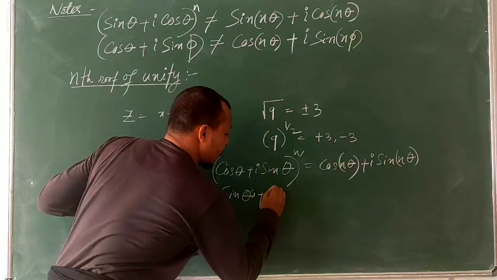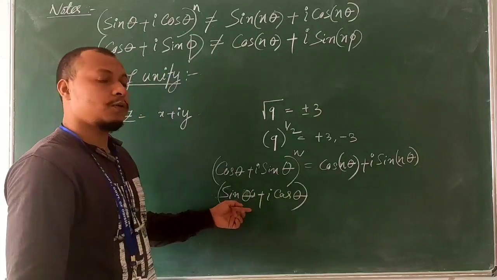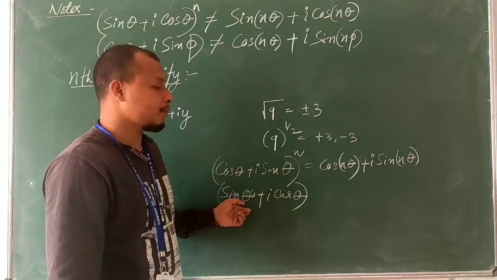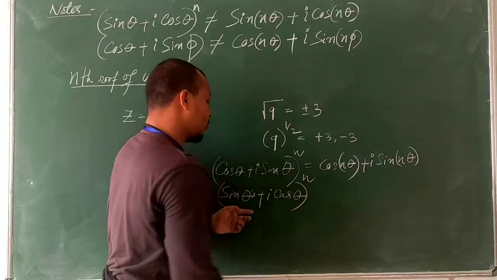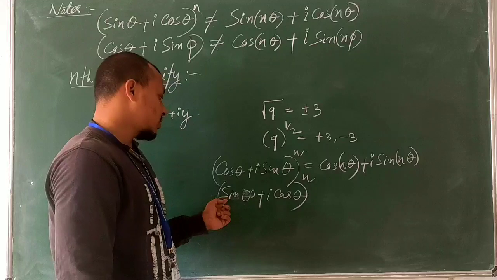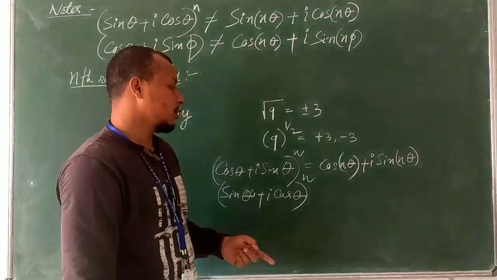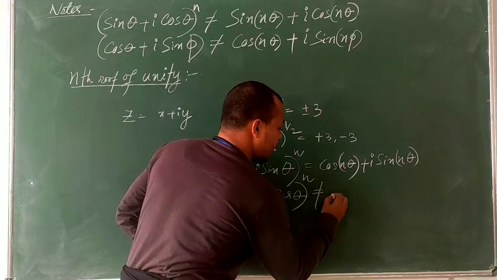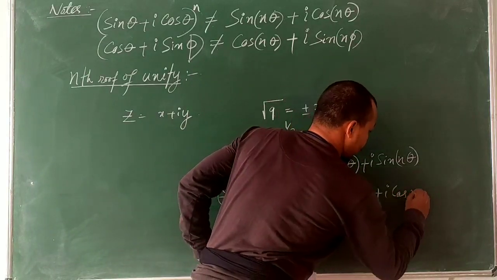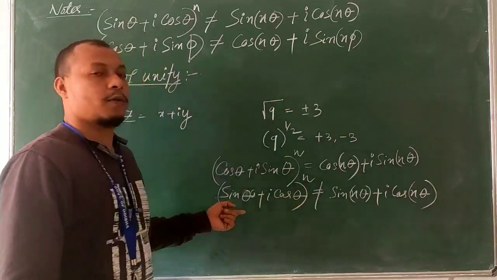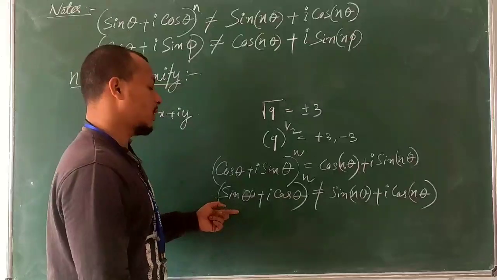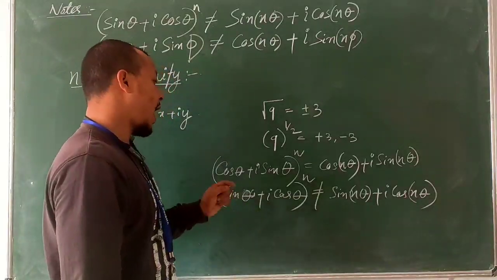Then we cannot apply de Moivre's theorem with power n, so we cannot make it sin of n theta plus i cos of n theta. So this is not equal to that. De Moivre's theorem is not applicable here.